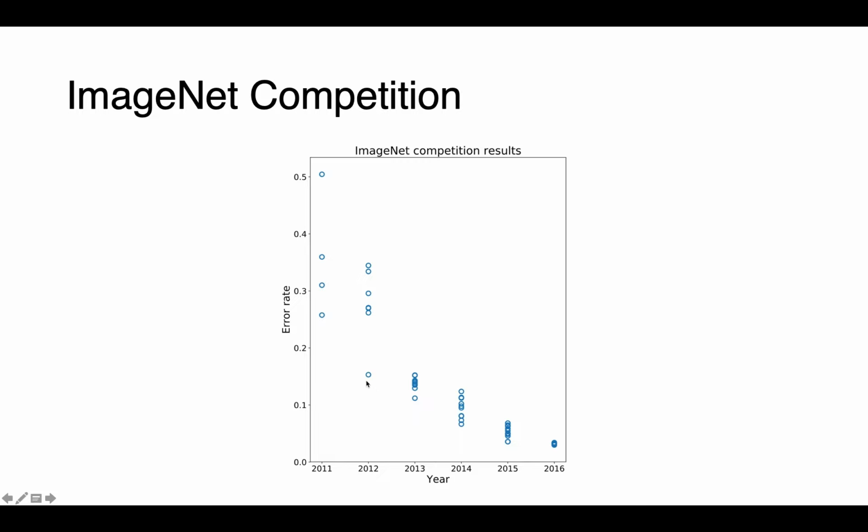Since then, people realized that CNN can make very good image recognition, and even more accurate than humans.